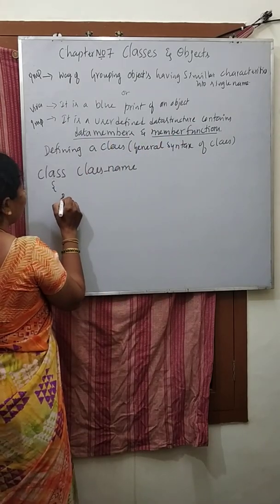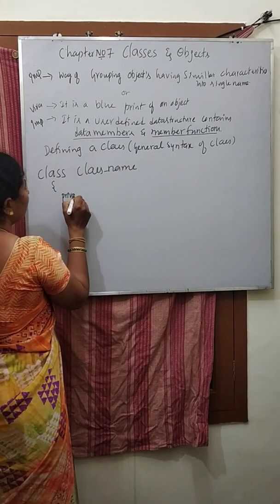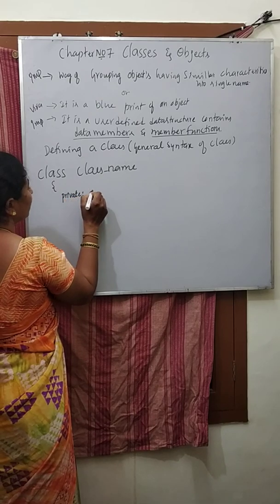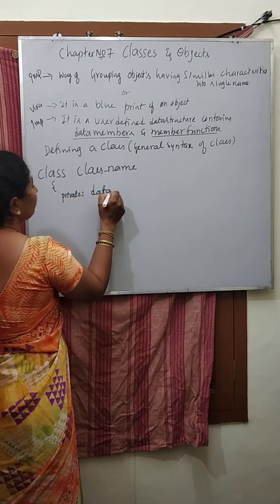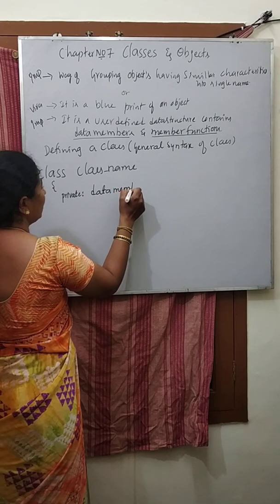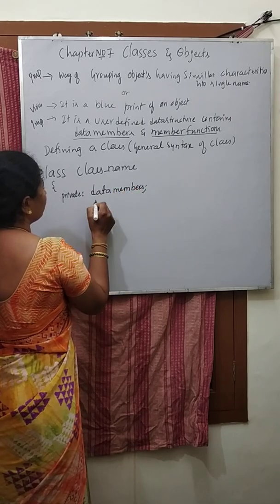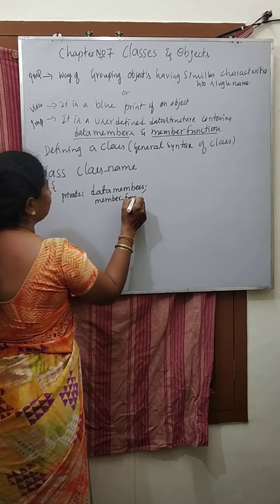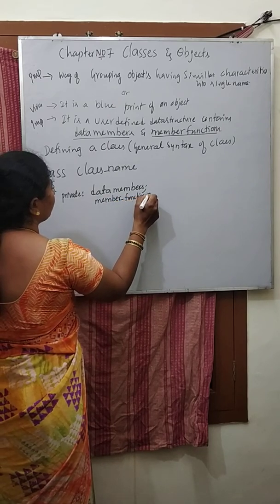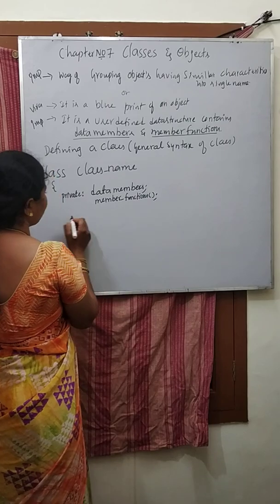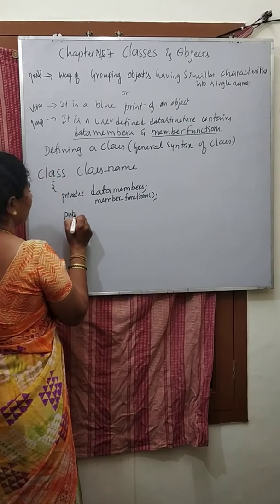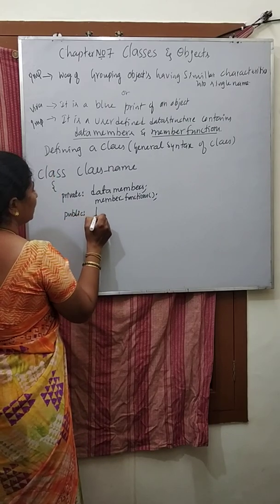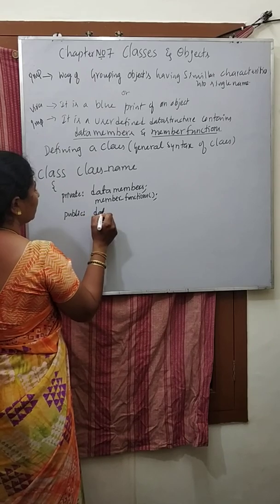So here we are writing the data members and member functions with the 3 different access specifiers. I'll tell you. Member function. Function means function parentheses compulsory. Public, same thing, repeat it.